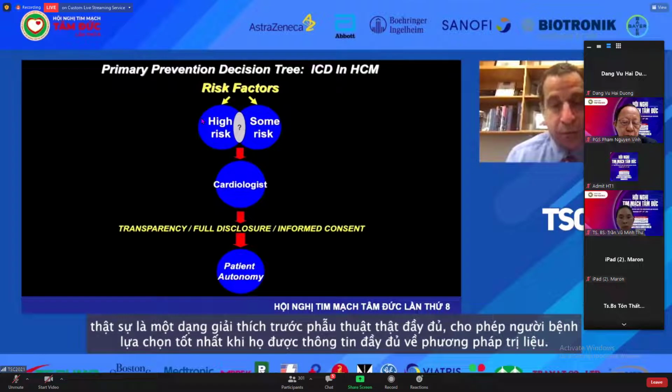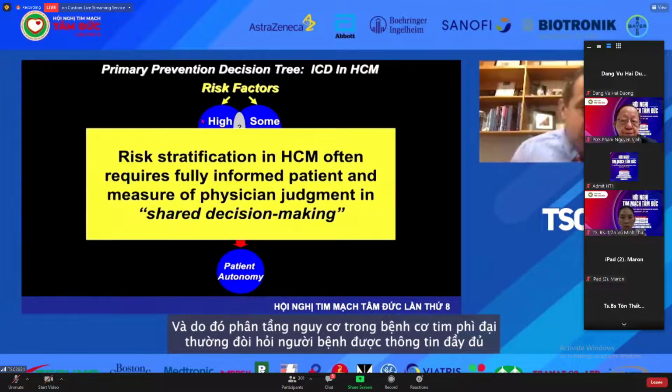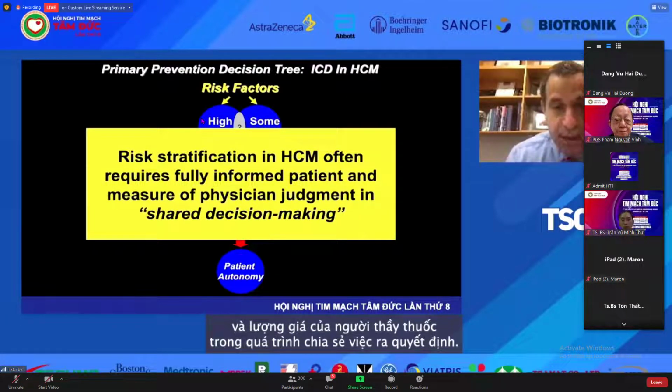Full disclosure and informed consent allow patients to make the best choice that they can, fully informed about the treatments. So risk stratification in HCM is one situation in particular that requires fully informed patients and a measure of physician judgment in shared decision-making.